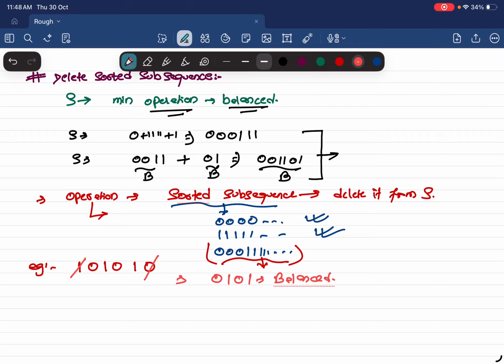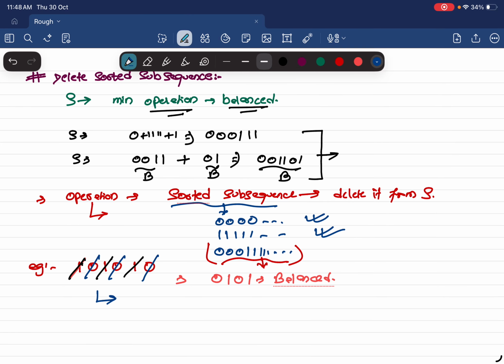Another thing you can do is, in one operation, you can delete all the ones. This is a subsequence, I have deleted all ones. In the second operation you delete all zeros, right? So in this way it also became balanced.